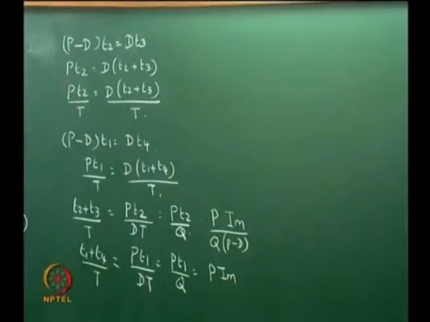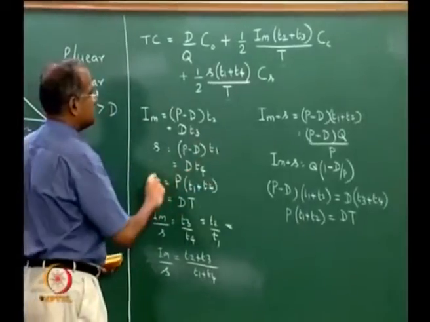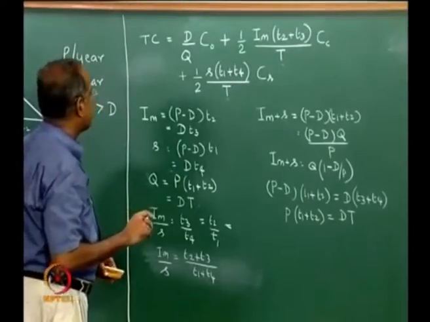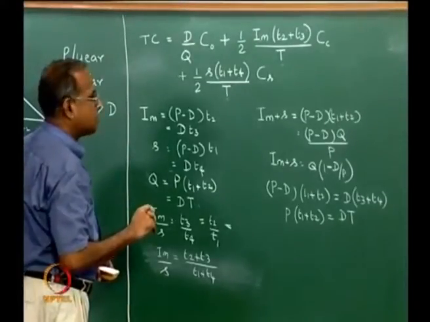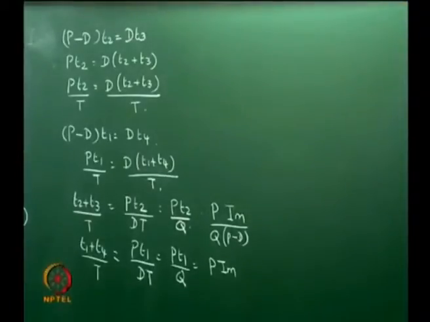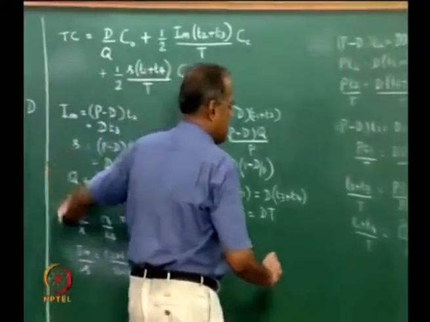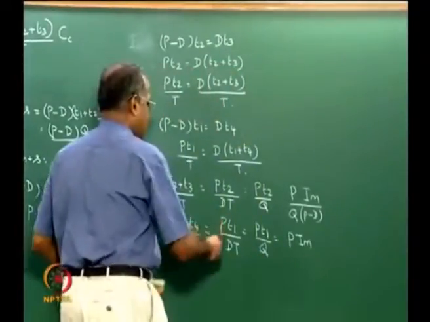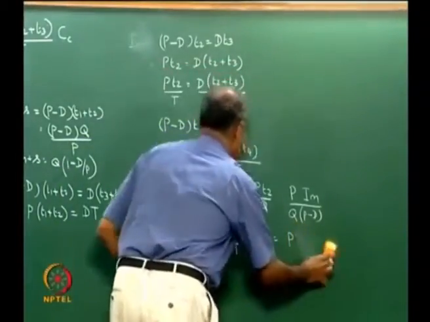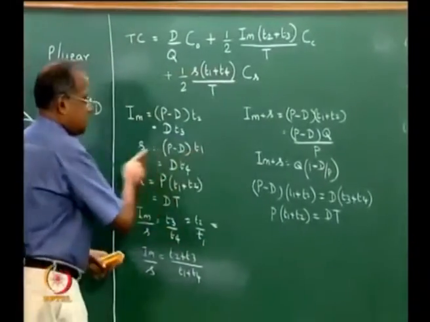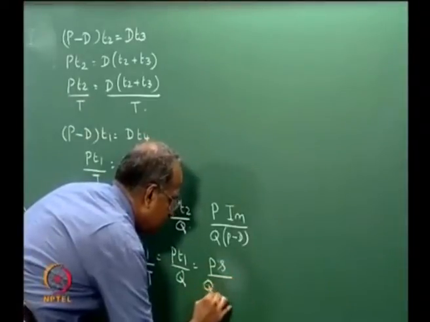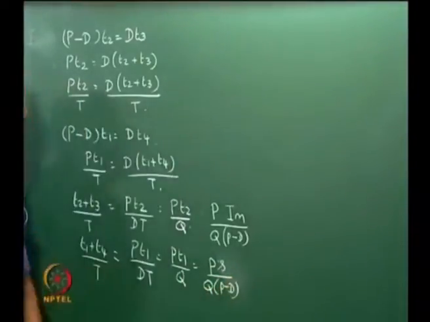Now, from here T1 is equal to S by P minus D. So, P into S by Q into P minus D.